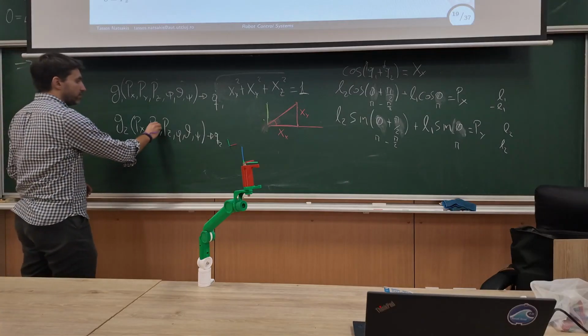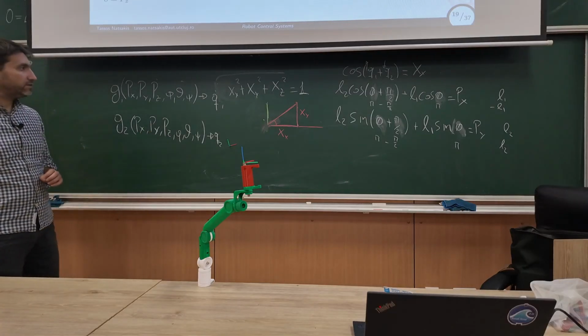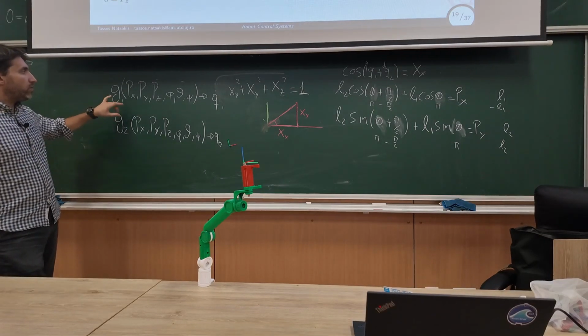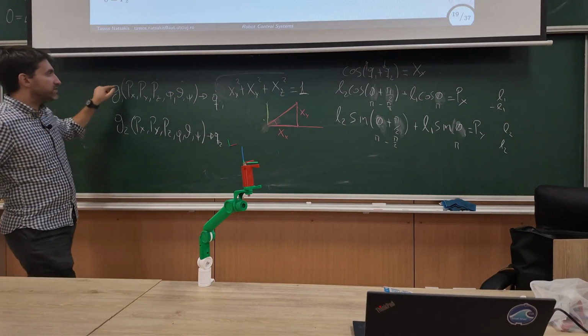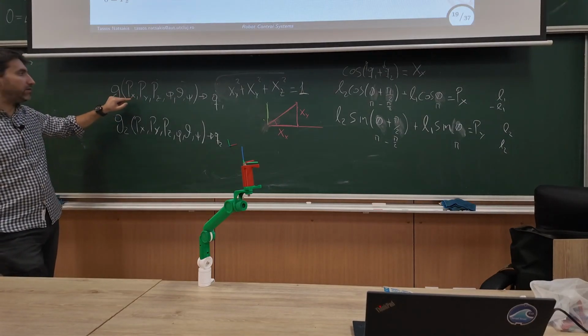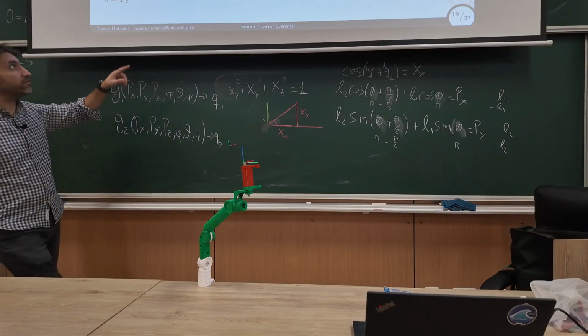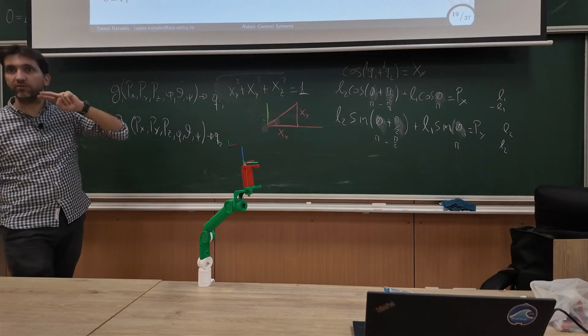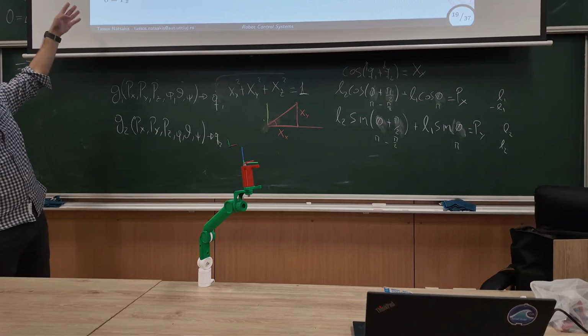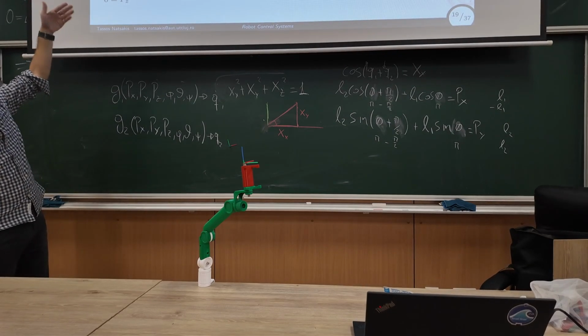Now, here's the detail and why I insist on the degrees of freedom. We want the inputs to be the degrees of freedom for which I want to solve the inverse kinematics model. We saw that for this example, we have 2 degrees of freedom. But we have 4 equations or 5 equations or 3 equations, depending on how you count them.